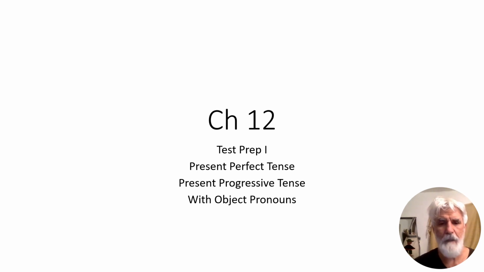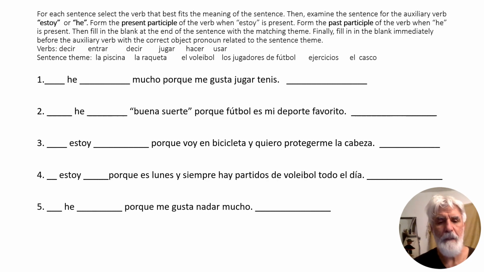this presentation to give you an idea of what one of your grammar questions will be like. So this is a grammar question that will test you on the use of object pronouns, the use of object pronouns with the present progressive tense and the present perfect tense.